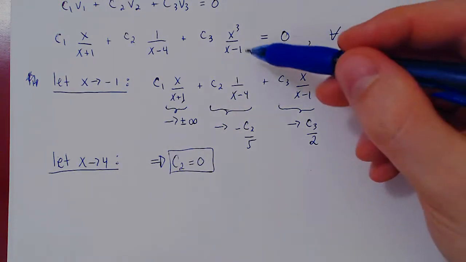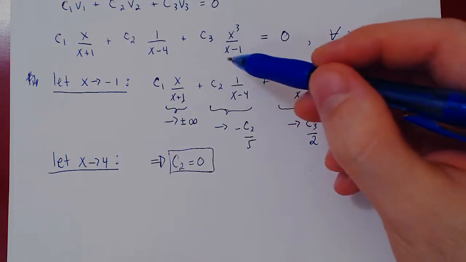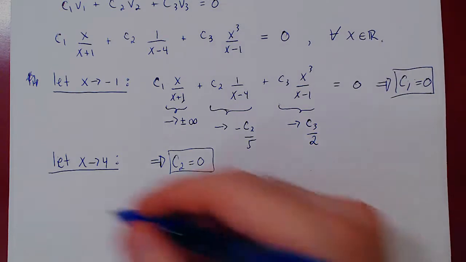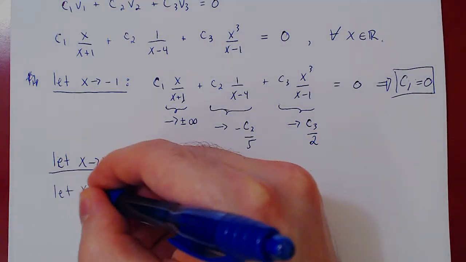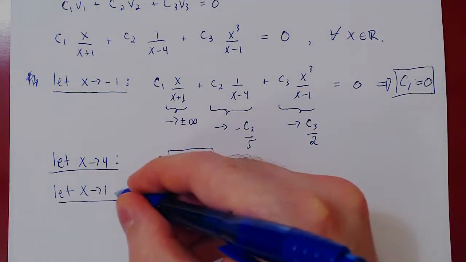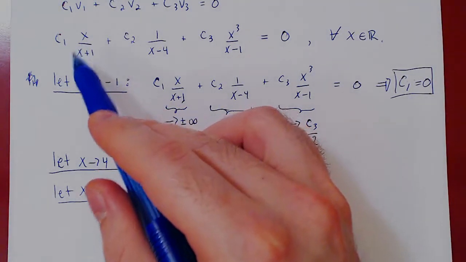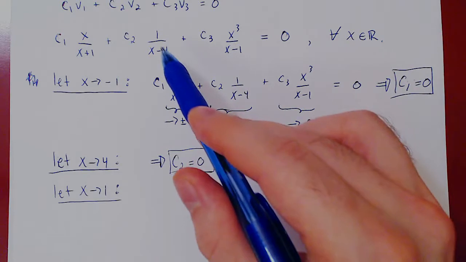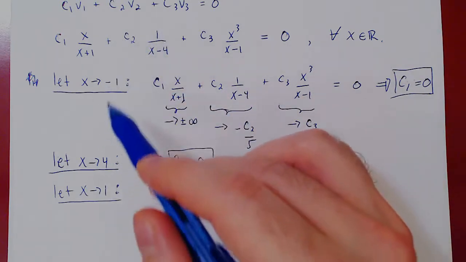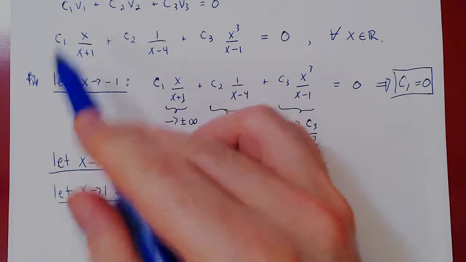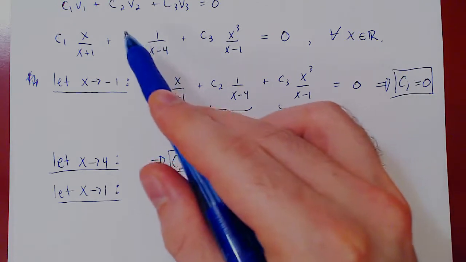And as you can imagine, we will prove that c3 must be 0 by letting x approach 1. If you're letting x approach 1, this will approach 1/2 c1. This will approach negative 1/3 c2.